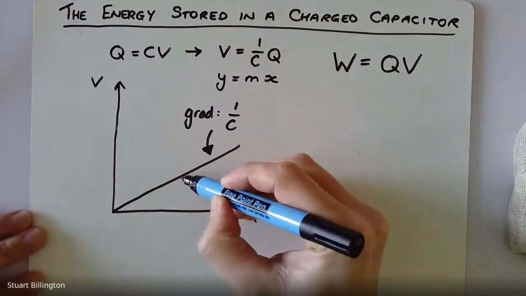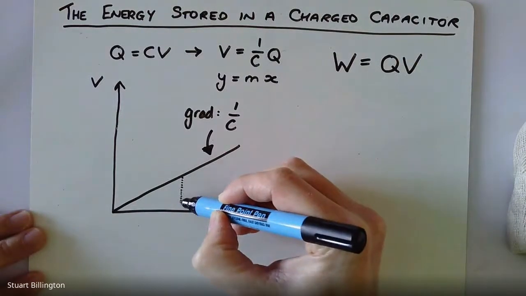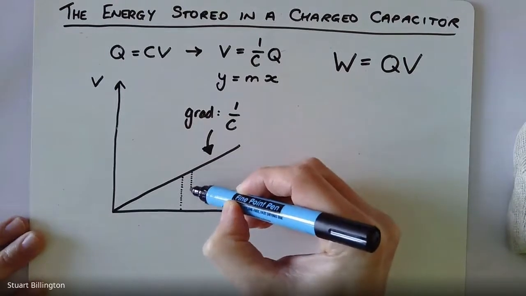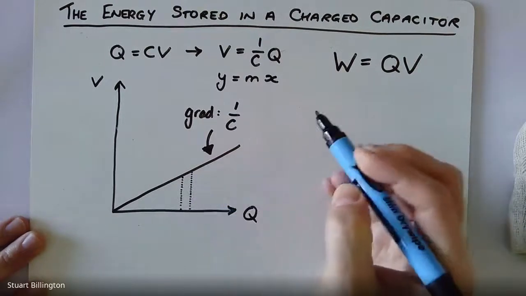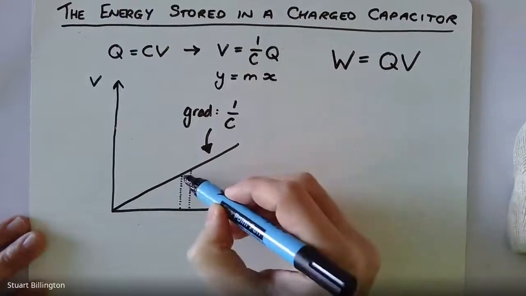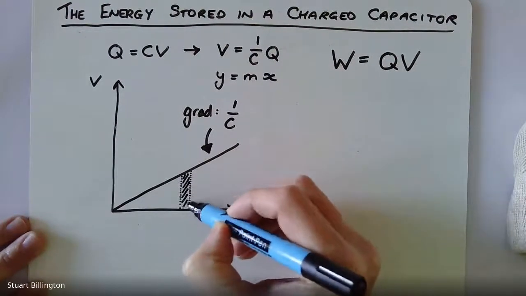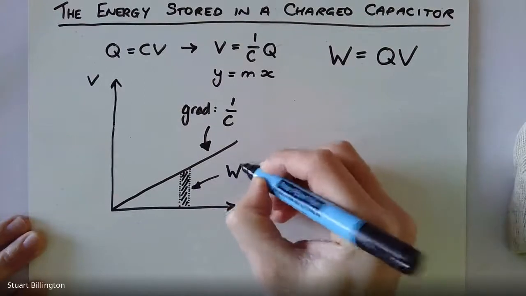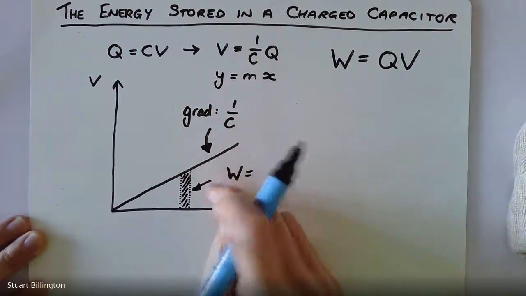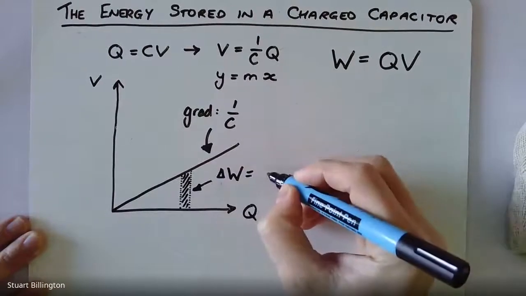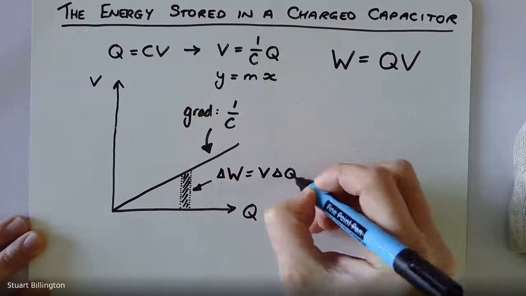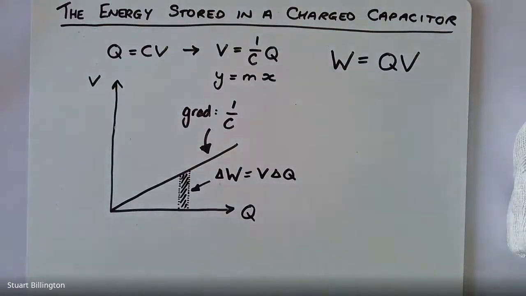So if the plate has a certain amount of charge on it, and then we add a tiny little bit of extra charge to it, then what the formula is telling us is that Q times V will be the work done, but the formula does assume that V is constant during that change.